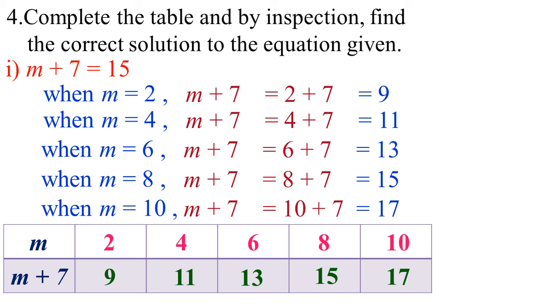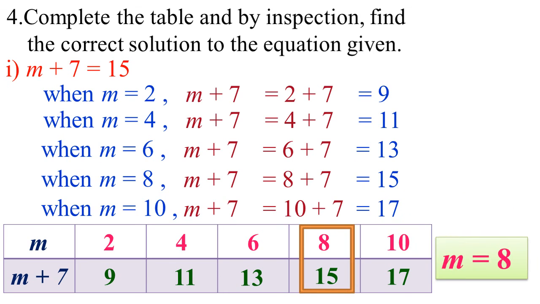So now when m equal to 8, left hand side and right hand side values are equal. So here the solution of the equation is 8. That is m equal to 8.